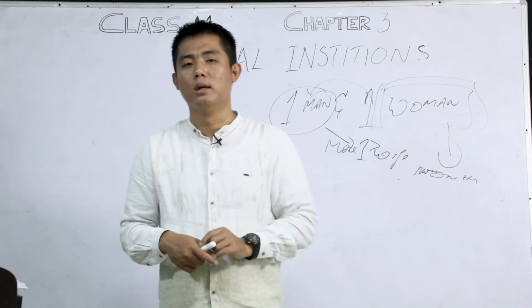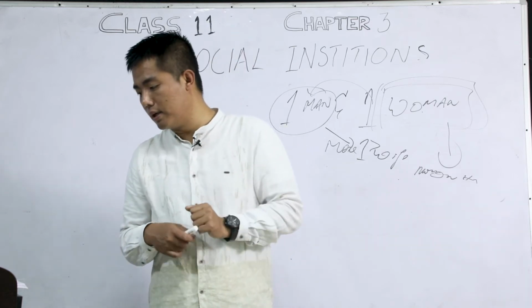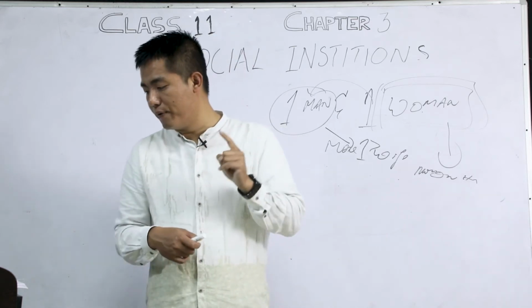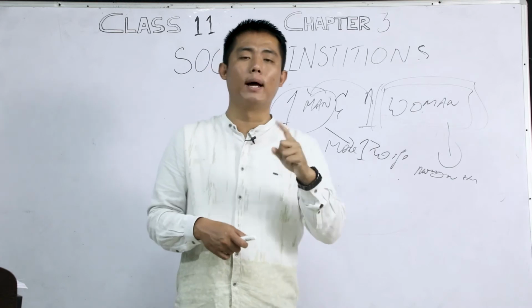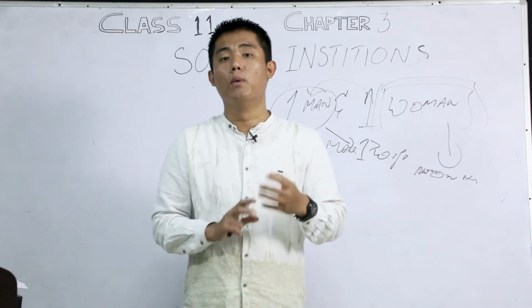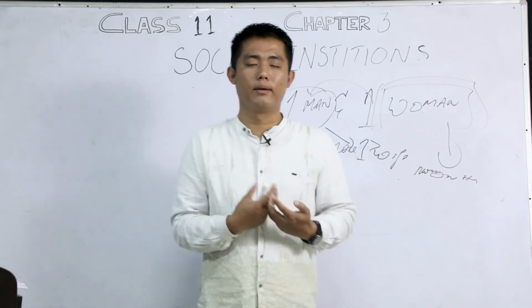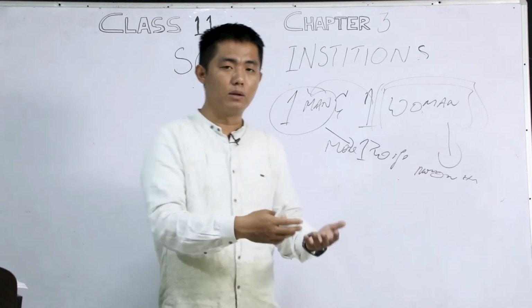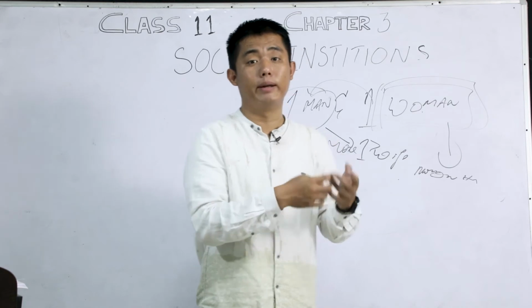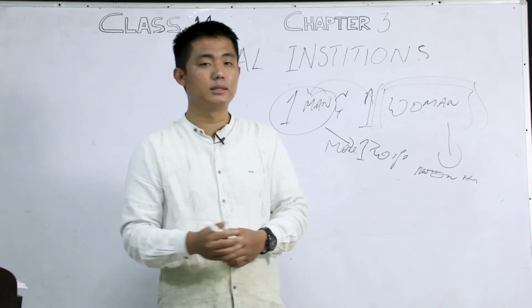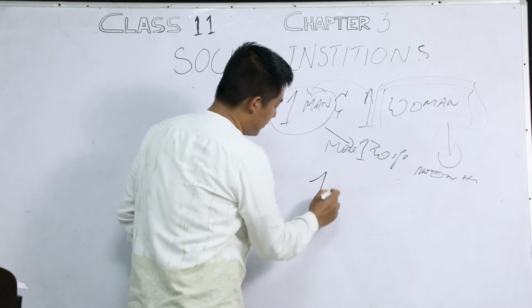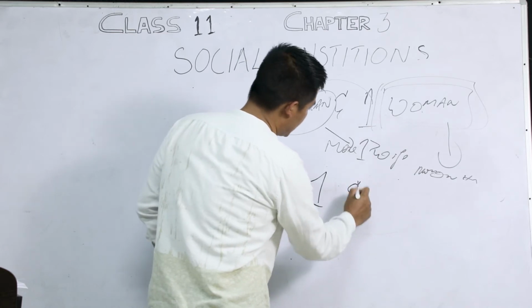The next one is polyandry. Polyandry is the marriage of a woman to more than one man who are alive. After a person passes away, he or she can also marry again. But in this case, her husband is also alive, and she marries again, plus one.